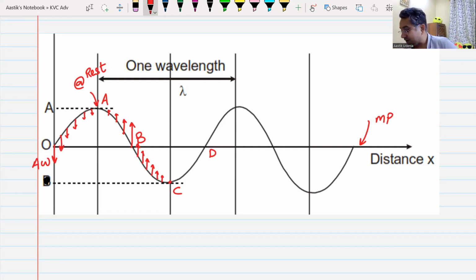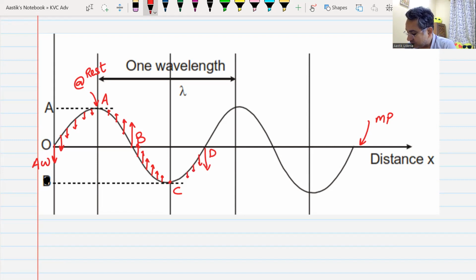Mean position is a central line. You can see that, yes or no? Between C and D, they are moving away from the mean position.